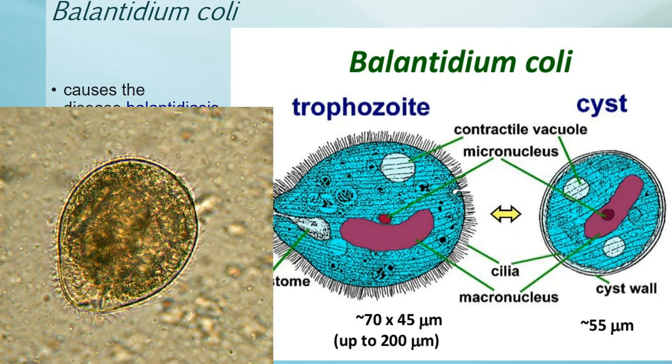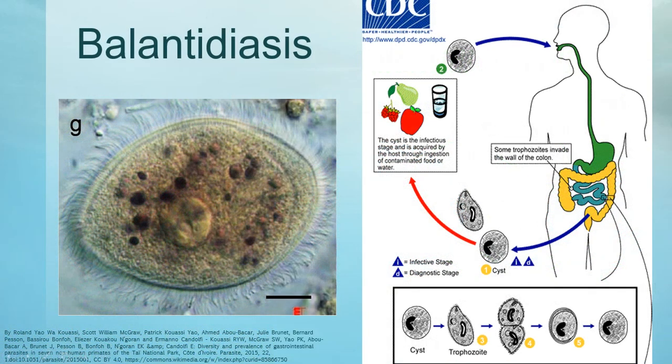Here's an actual picture of one right there that's in its full trophozoite stage. You see the cilia around it right there. And what does it do? It causes infection of the intestinal area right here. So we usually get it from contaminated foods that are not maybe washed thoroughly, or just contaminated in some way.